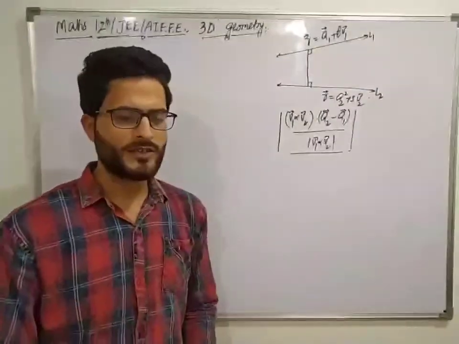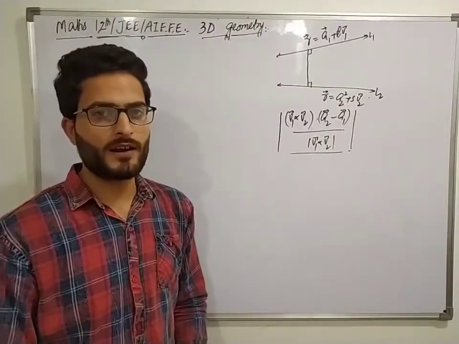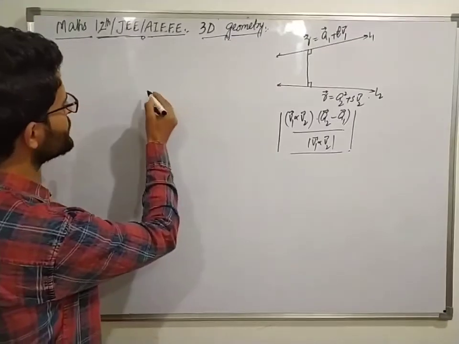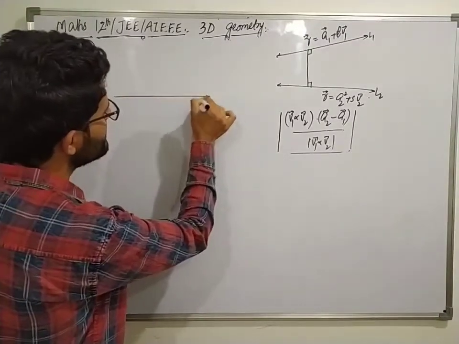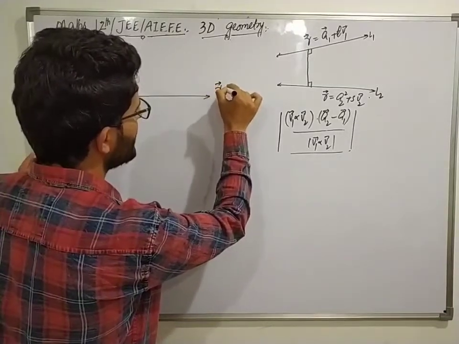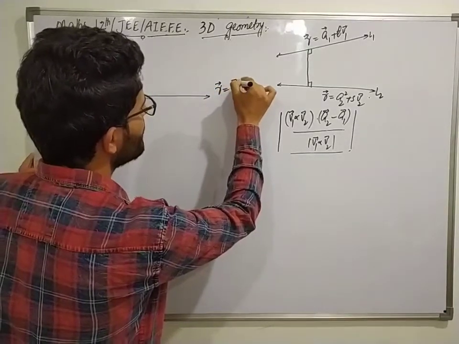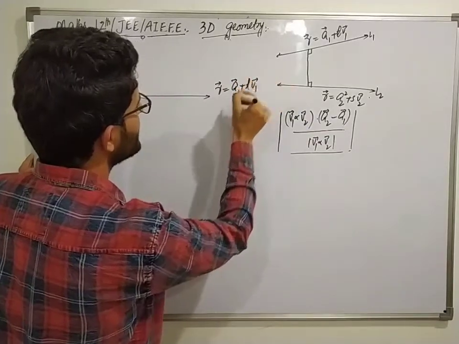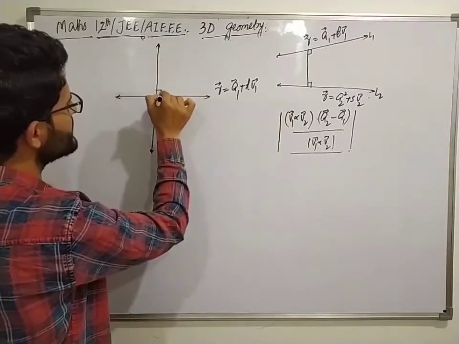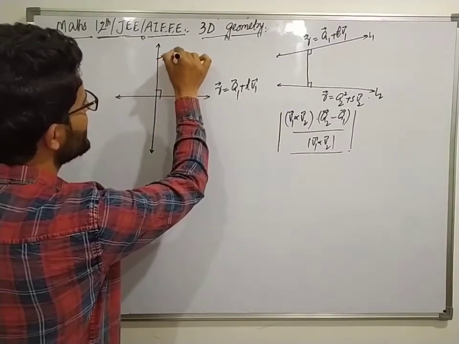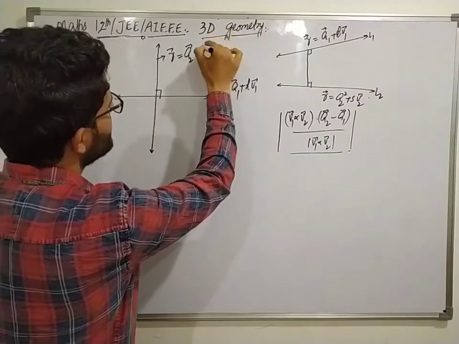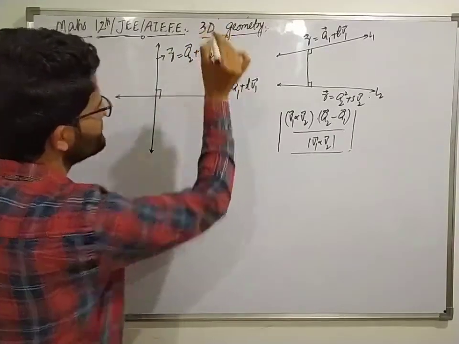Now here we are going to discuss two important concepts regarding these lines. First, if two lines are perpendicular, suppose this is our line first, represented by the equation R vector is equal to A1 vector plus T times V1 vector, and you have another line which is perpendicular to line first, with its equation as R vector is equal to A2 vector plus S times V2 vector.